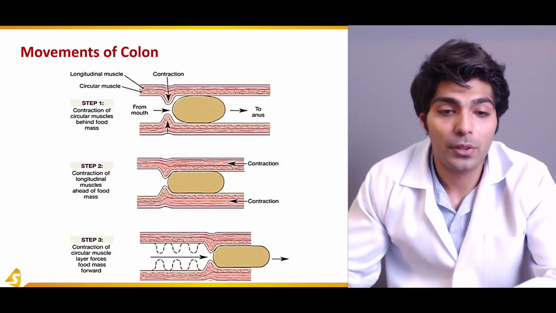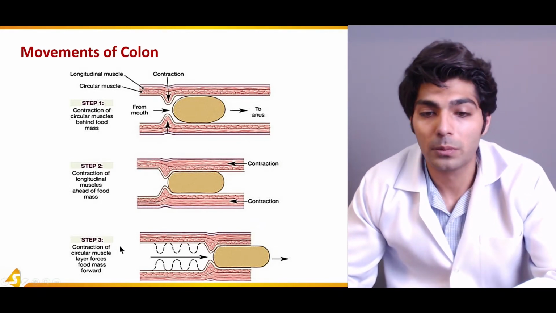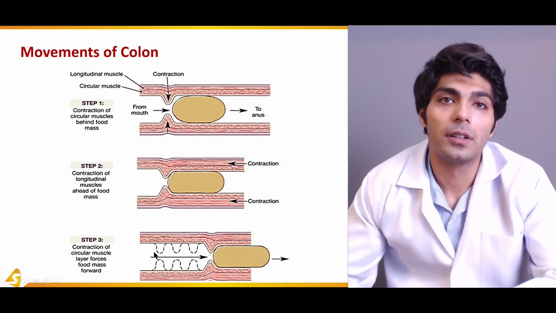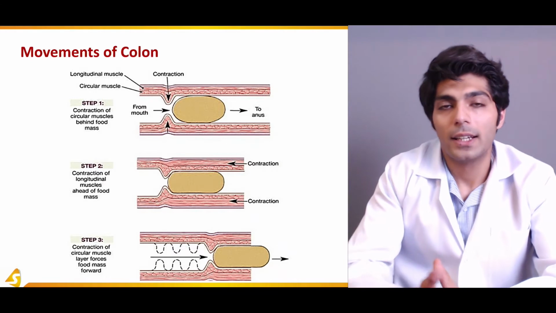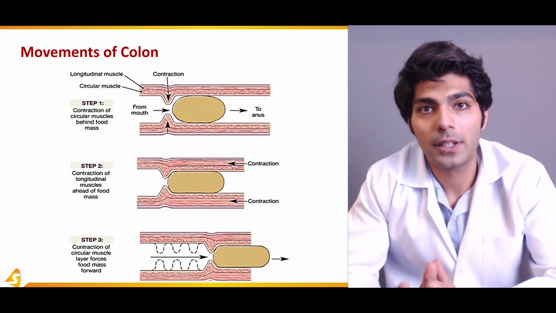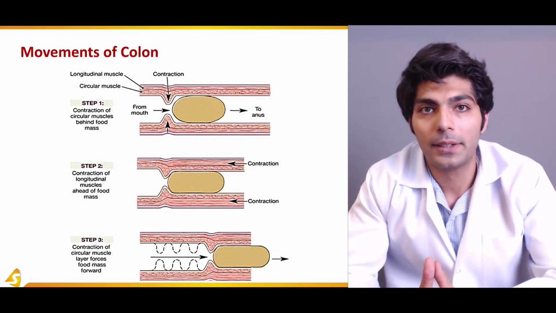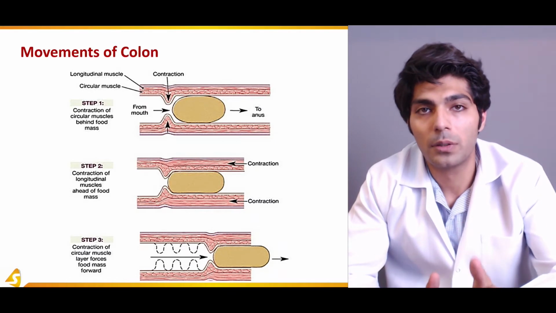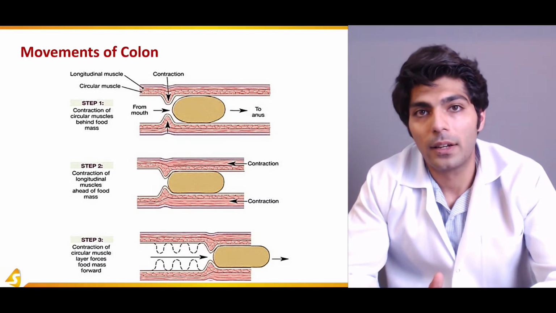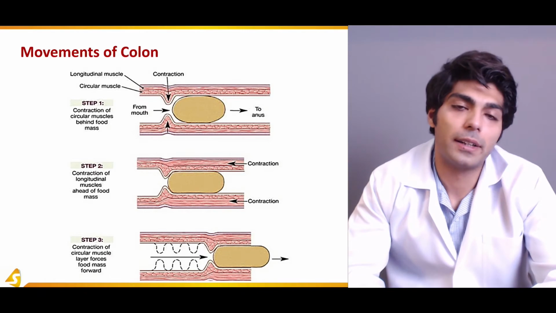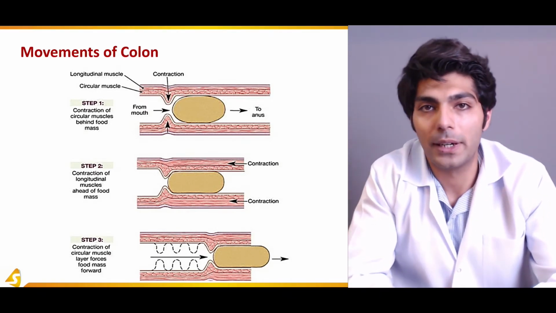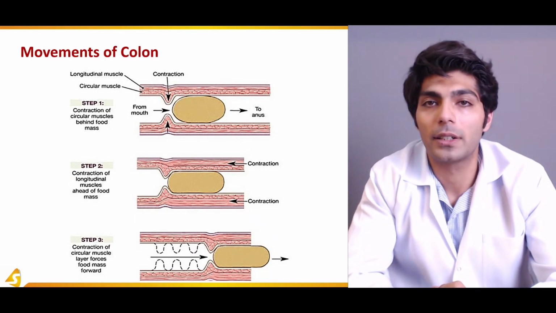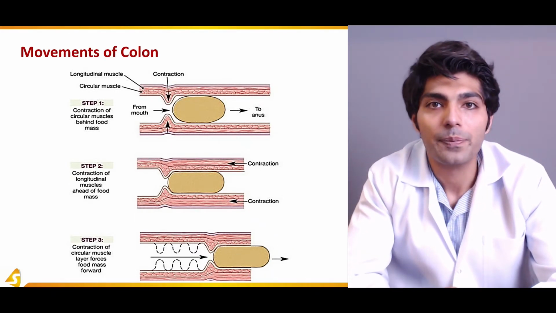In step 3, there's a contraction of the circular muscle layer, forcing the fecal matter further forward. So both act together, hence pushing the fecal matter more towards the anal area.